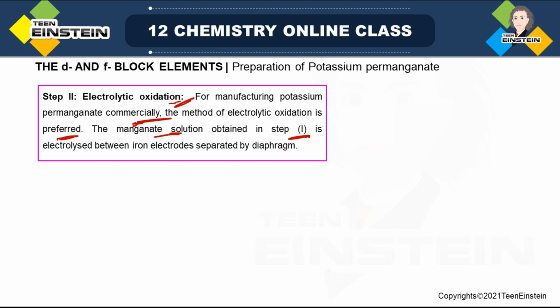In step 2 we have seen some methods of chemical oxidation, but now we are seeing how by electrolysis also we can do the same thing. Here the manganate solution that we have obtained in step 1 will be electrolyzed between iron electrodes, because we know when we do electrolysis we need some electrode. Okay.